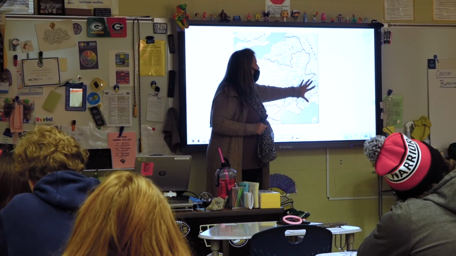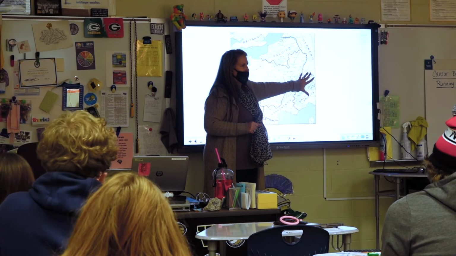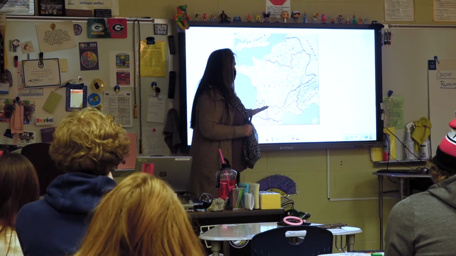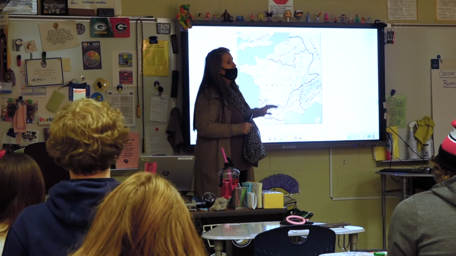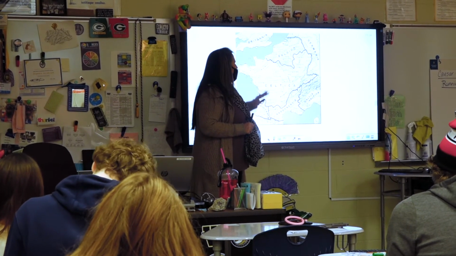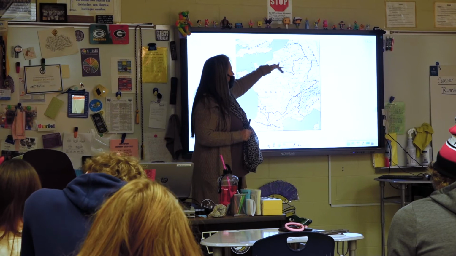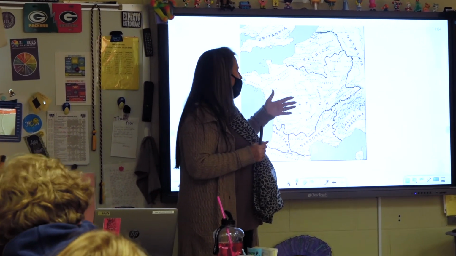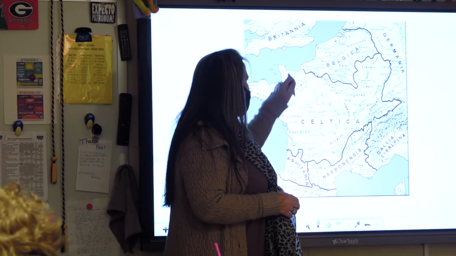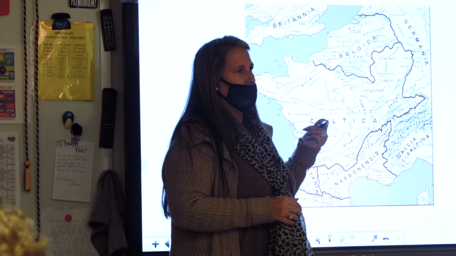We're going to talk about where they're located on the map and what happens. So as we go through this, this will really help a lot. The reason why I do the other map is because the geographical features aren't very big here.